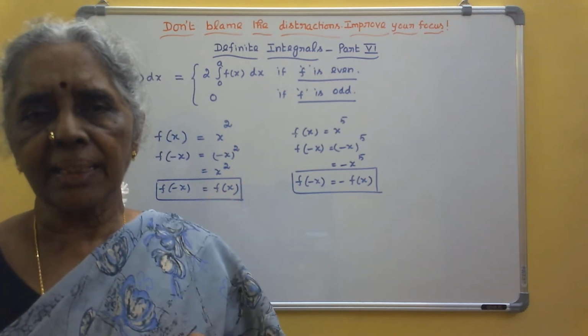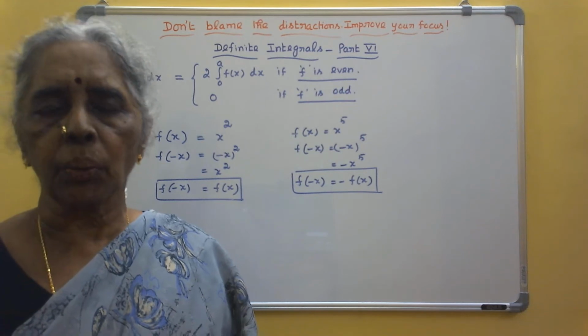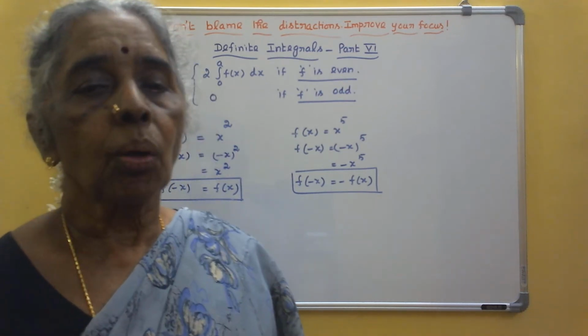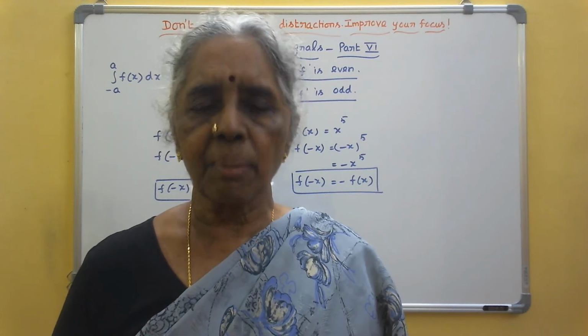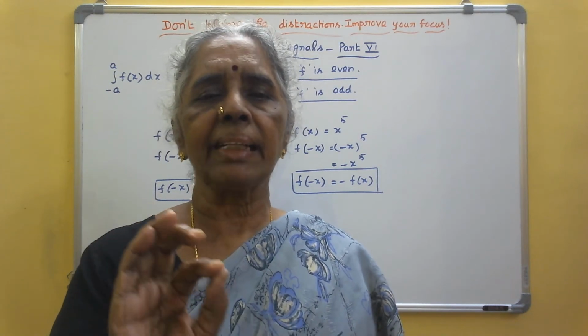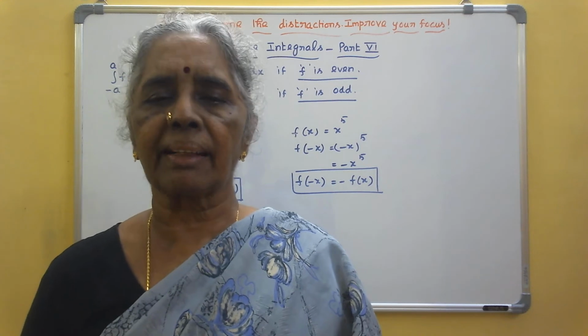If we check trigonometric functions, you all know cos of minus x is equal to cos x. Similarly, secant of minus x is equal to secant x.